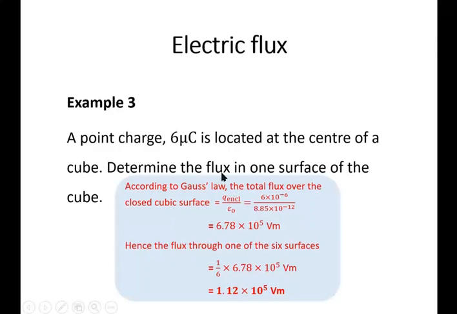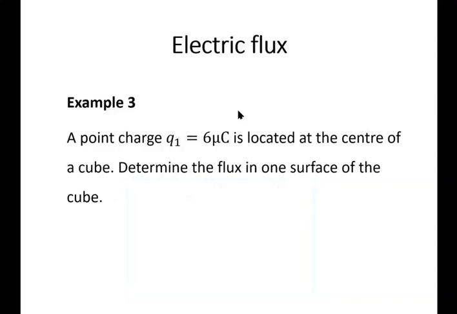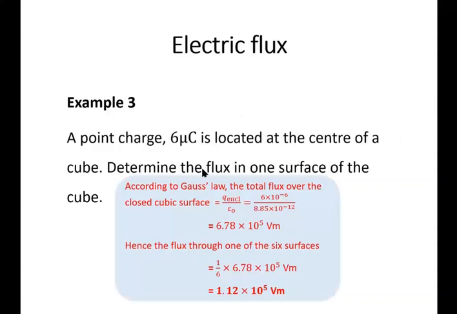So we have a cube, as we saw in the first lecture, and there is a charge at the center. The cube has 6 surfaces. We are expected to calculate the flux through just one surface. So this is how I went about it. According to Gauss, the total flux over the closed cubic surface is equal to the total charge enclosed divided by epsilon naught.